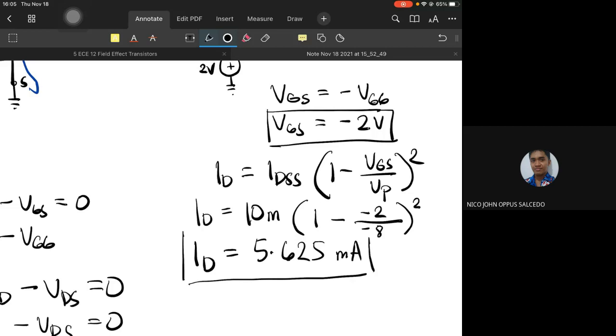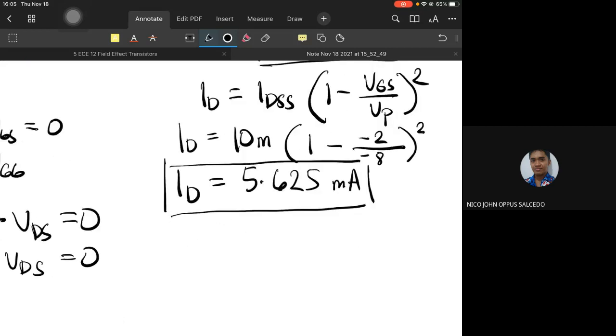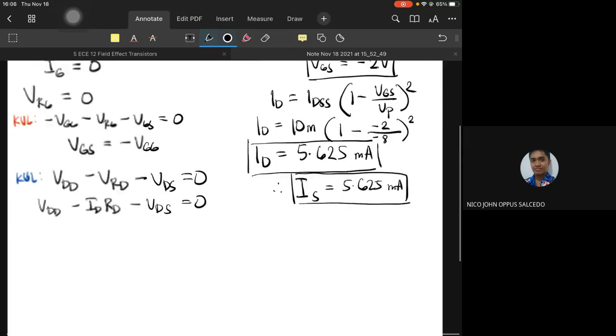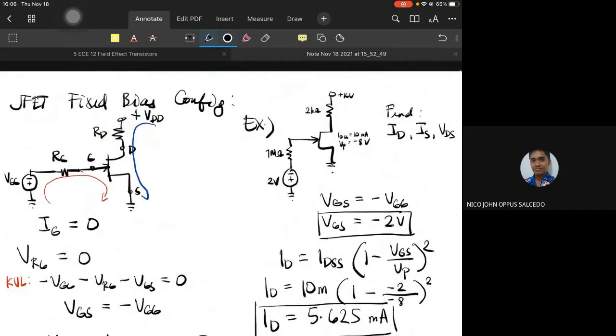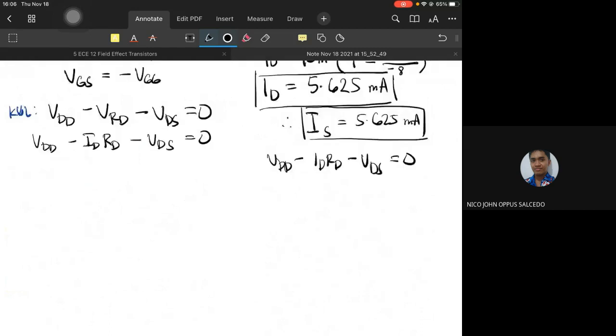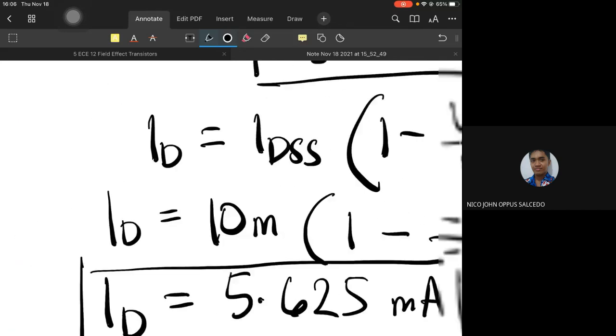So this is ID, which is also equal to IS. For VDS, VDD minus ID RD minus VDS is equal to 0. 16 volts minus 5.625 milliamperes times the given 2 kilo ohms.